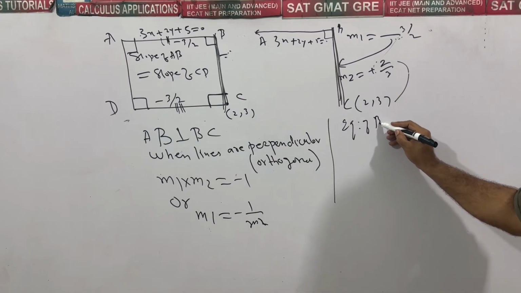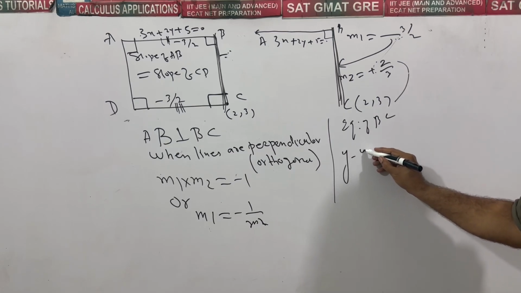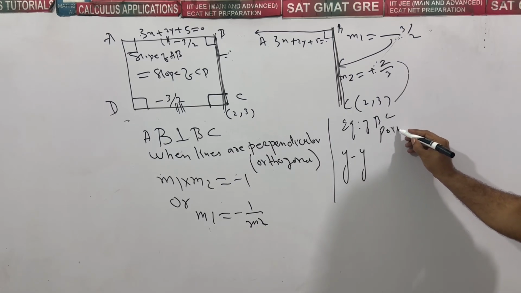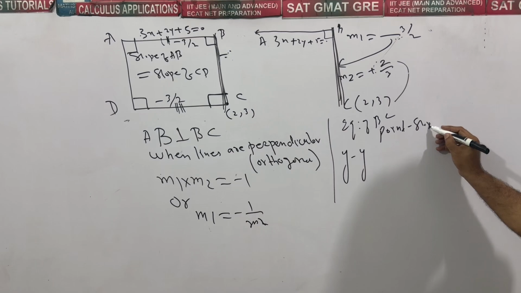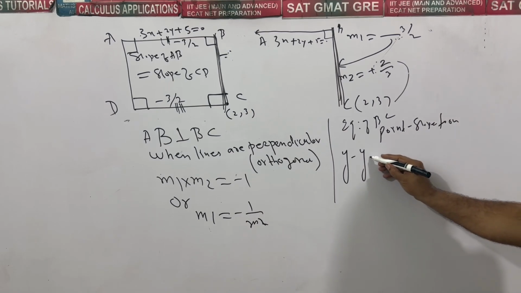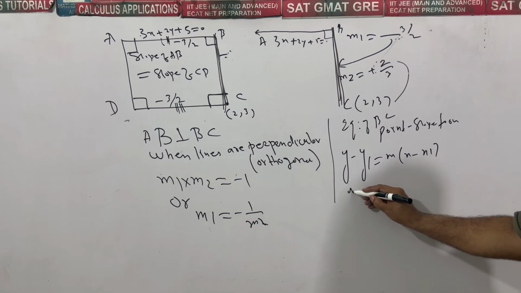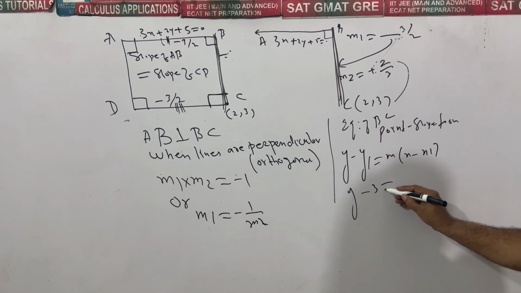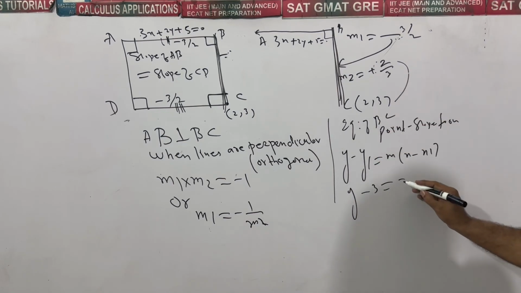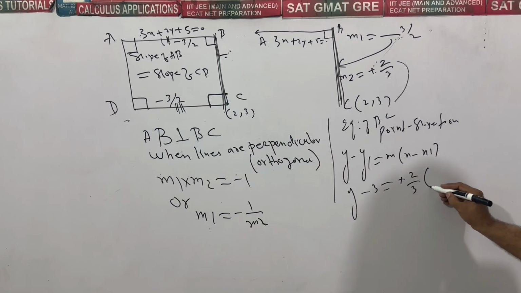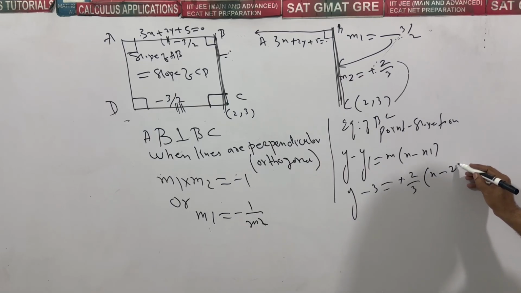Equation of BC. I have the basic form to be utilized, point slope form: y minus y1 is equal to m times x minus x1. I have y minus 3 is equal to slope positive 2 over 3 times x minus 2.